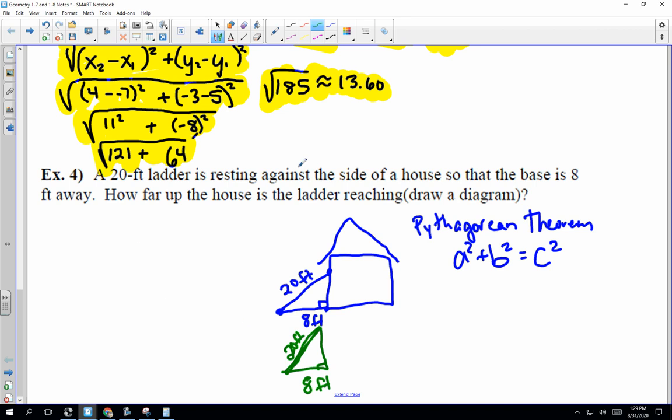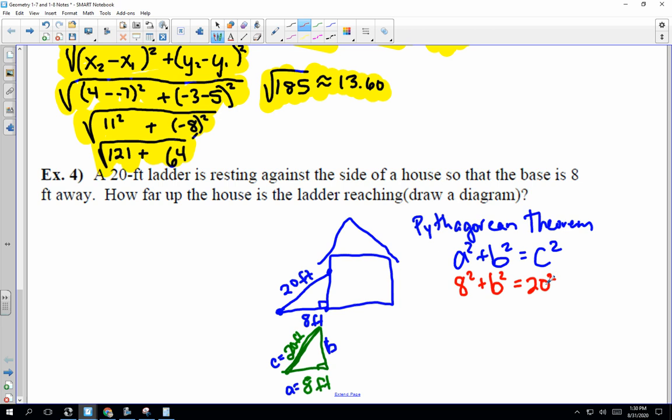So essentially, this is A, this is B, and this is C. Make that a better B. There we go. So we are going to use the Pythagorean Theorem and plug in the numbers. So A is 8 feet. B we don't know. And C is 20 feet.